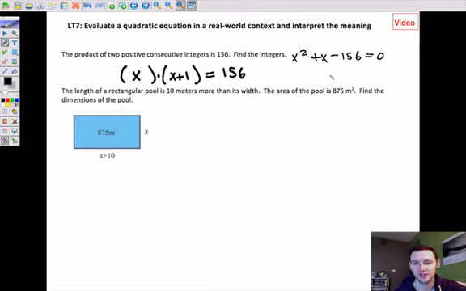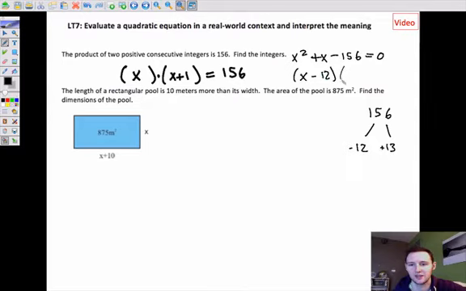This looks like something that might be easy to factor, so let's start looking for factors of 156. I'm skipping a little bit of this because we don't need work on factoring, but that factors into a 12 and a 13, and to make this equal to x, I want the 13 to be positive and the 12 to be negative, so this is going to be x minus 12, x plus 13.